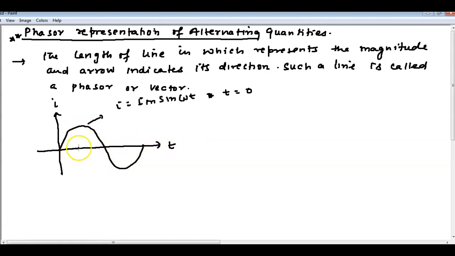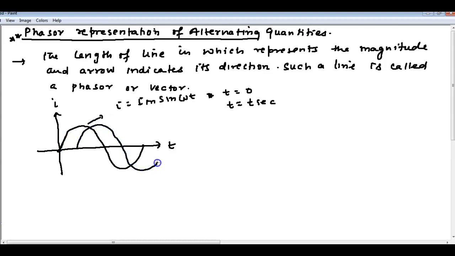Same current, same frequency and same time period. Another current starts after a time t, consider t second. How will you represent it? This current is moving at t is equal to 0, so after t second it will be somewhere here.